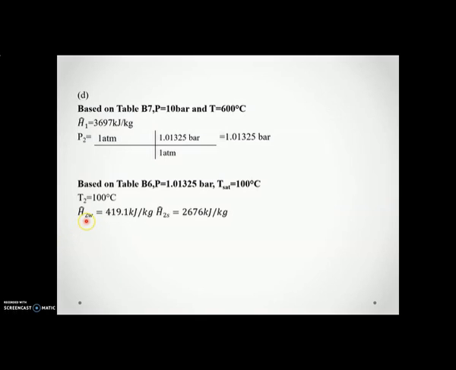And also we will be able to obtain the specific enthalpy of water, which is 419.1 kilojoule per kg, and also the specific enthalpy of steam, which is 2676 kilojoule per kg. And therefore, by substituting all the values that we have into this equation here, we will be able to obtain the value of H2 hat, which is 2450.13 kilojoule per kg.